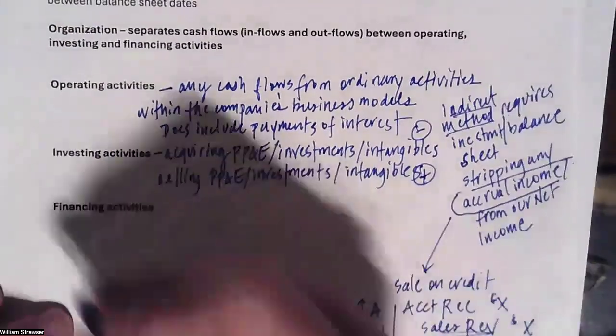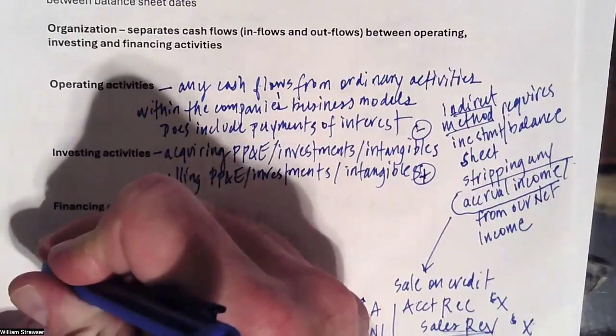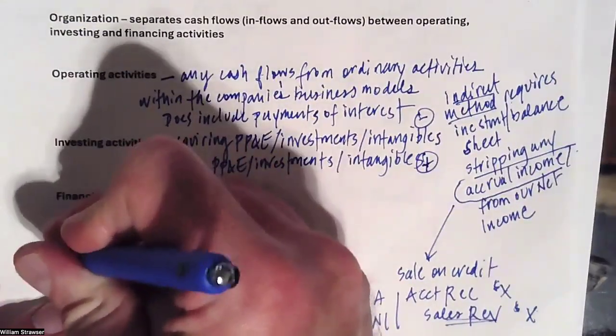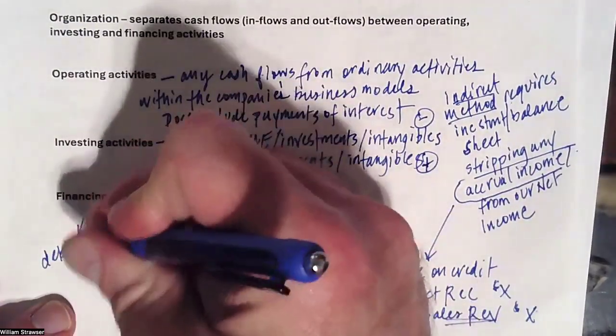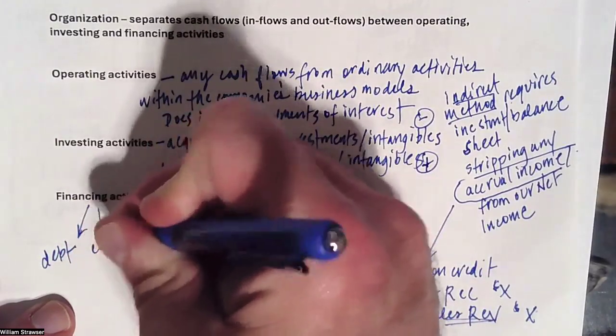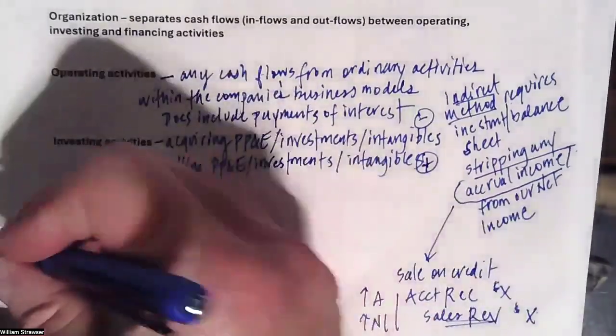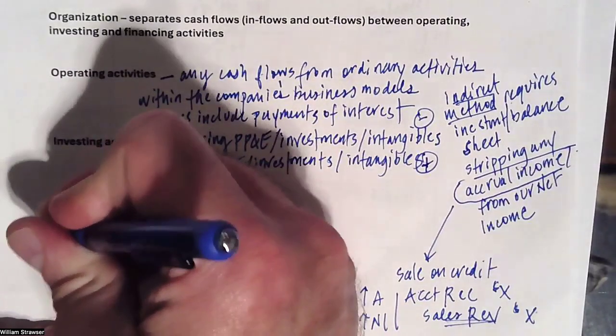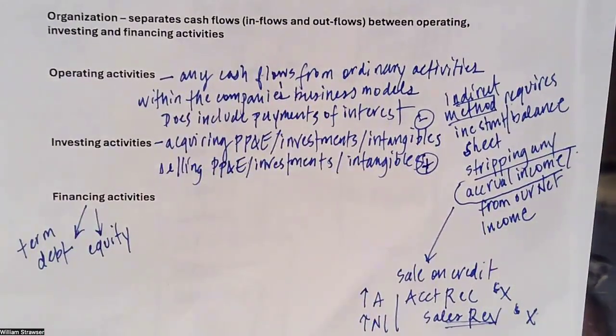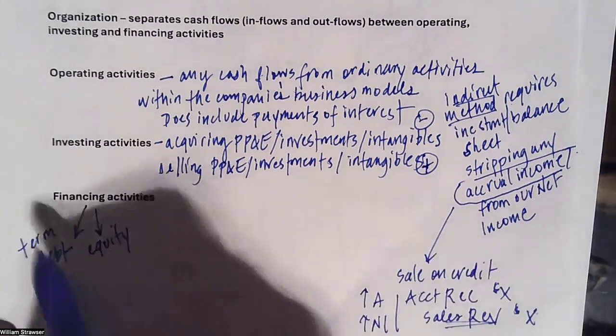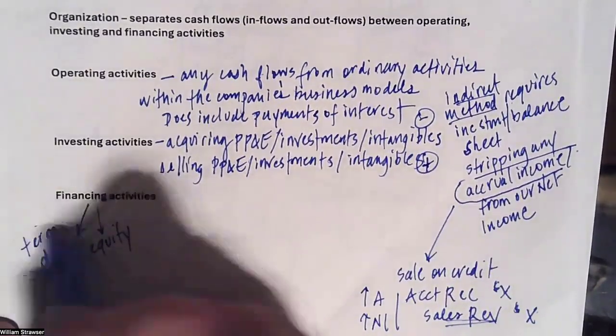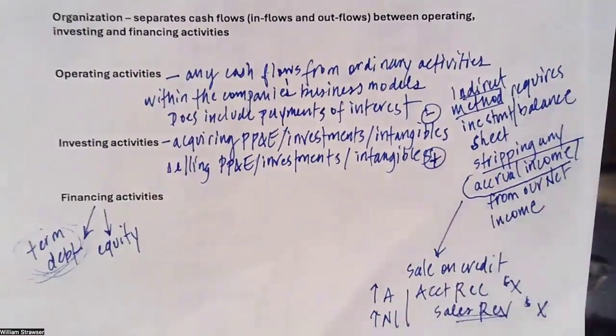When it comes to financing activities, we're really talking about debt and equity. So any transactions involving what I kind of call term debt, I had borrowed $1 million and 6% interest accrues semi-annually. That term debt, the $1 million I borrowed, that would be a cash inflow from a financing activity.